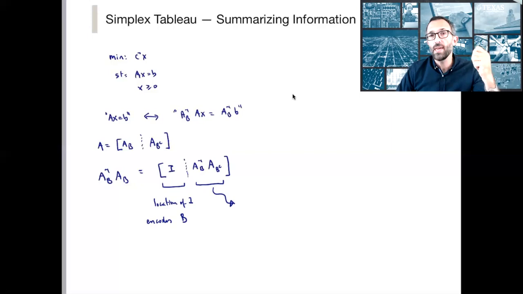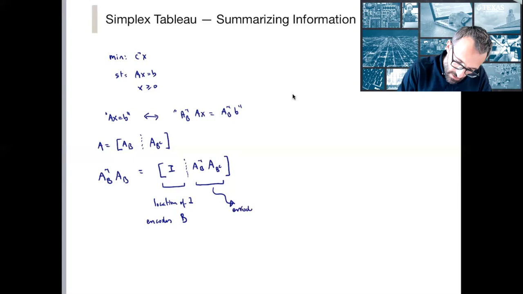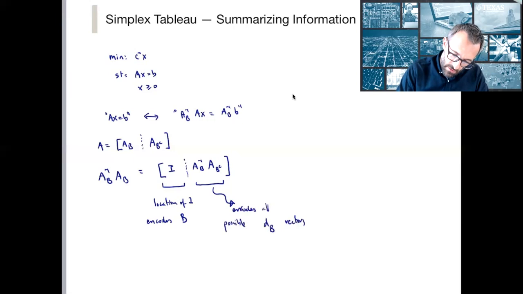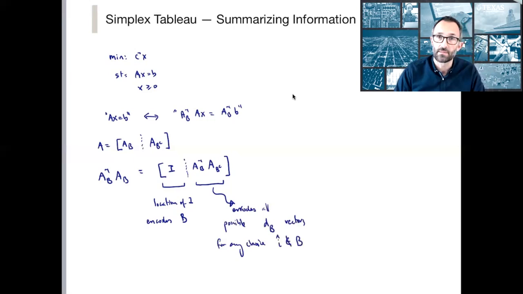It was equal to minus AB inverse times the i hat column of A. So in other words, what this encodes are all possible dB vectors for any choice i hat that is not in the current basis. We're going to see how this is helpful.